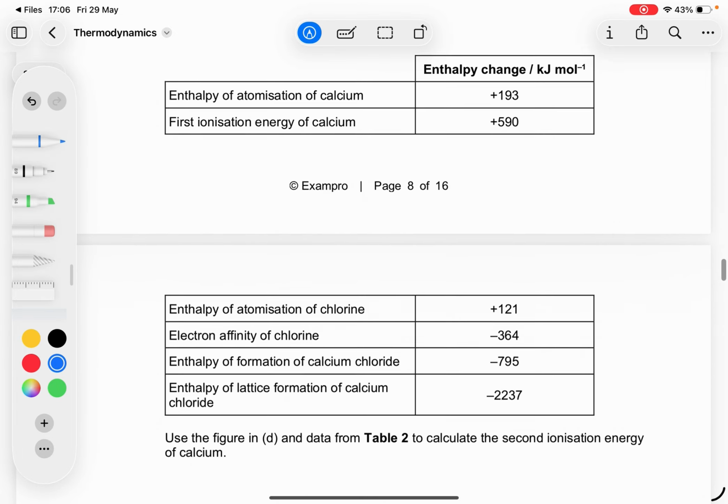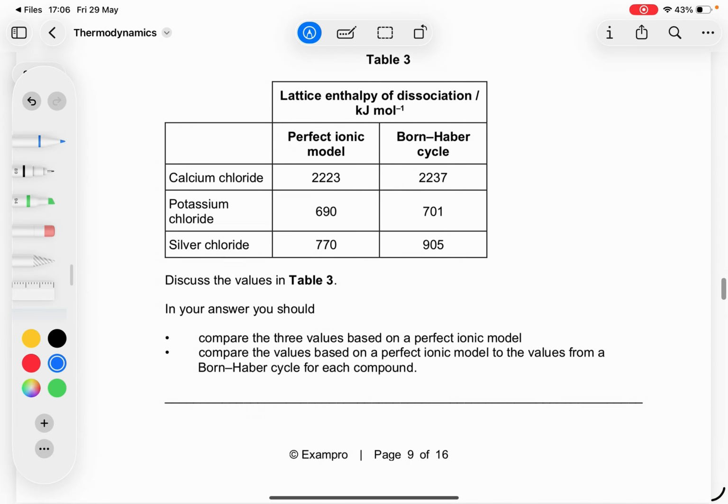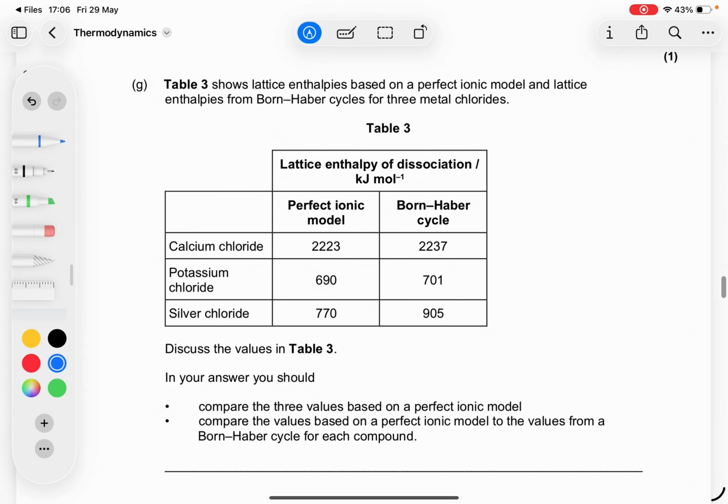And now let's look at this 6 marker to finish off today's video. An extremely important 6 marker. And this sums up what we mean by perfect ionic model and so on.